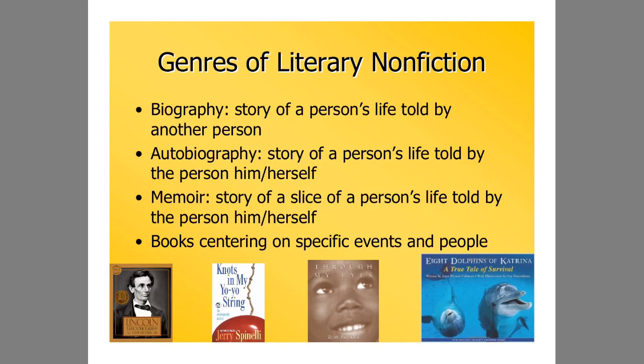It actually is about some dolphins in Gulfport that were housed in an oceanarium. And when Hurricane Katrina hit, they were washed out to sea. And the book tells about how they were rescued. And it's really like a story because it has a beginning, middle, and an end. And it's very dramatic. It's a really good example of literary nonfiction, and that might be one to check out if you're interested in a book that has some local flavor to it.